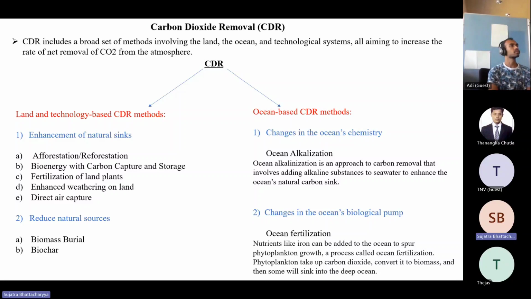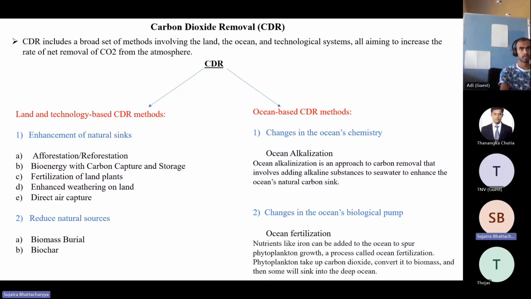So CDR basically falls into two categories. First is the land and technology based CDR methods, in which we can either increase our natural sinks of carbon dioxide, or reduce our natural sources of carbon dioxide.